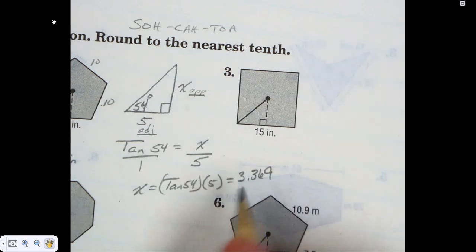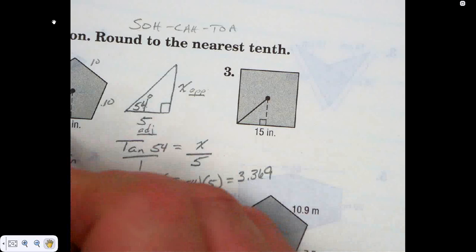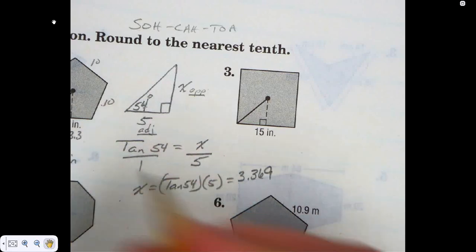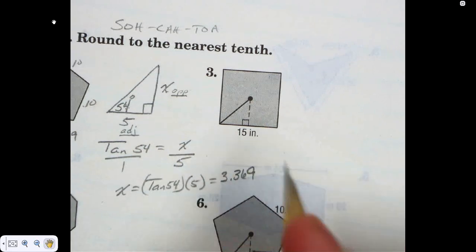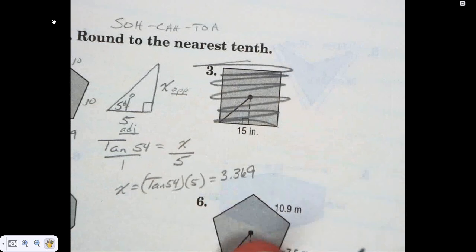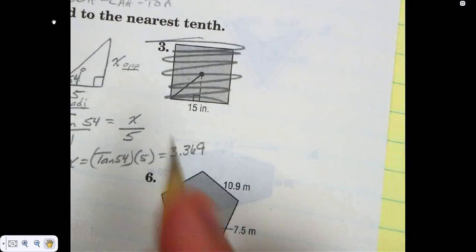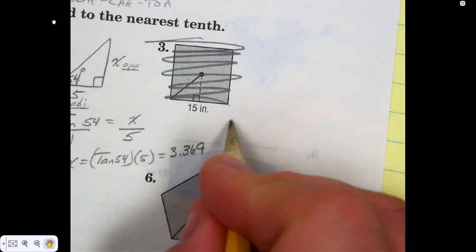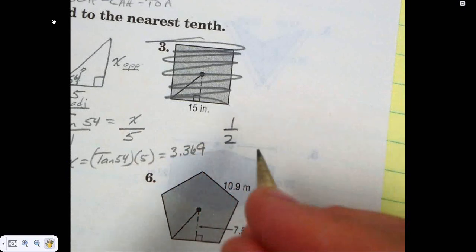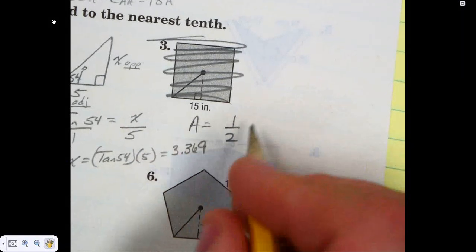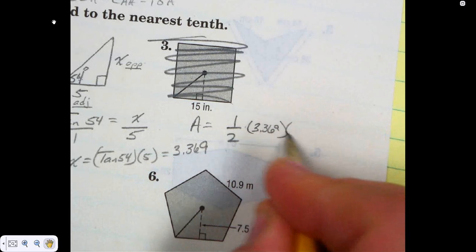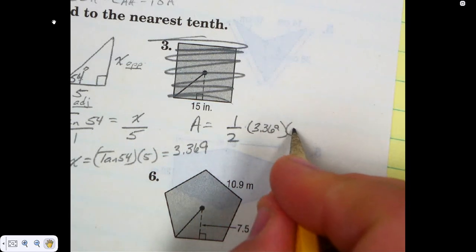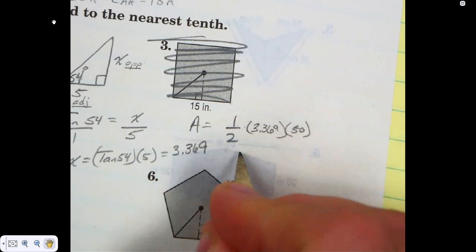Okay, so let's put that in. So our apothem is 3.369. Now we'll ignore this one, and using this, the area would be 1/2 the apothem, which is 3.369, times the perimeter, which is 50.